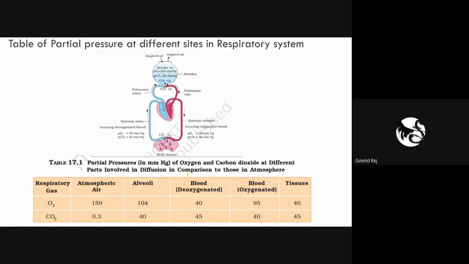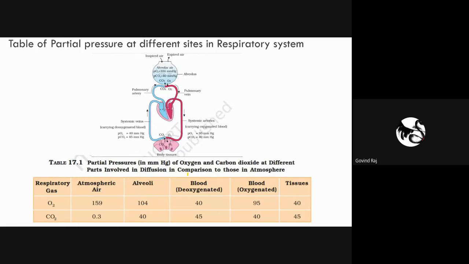After cellular respiration, carbon dioxide accumulates in the cells, which increases the partial pressure of carbon dioxide at the tissues.